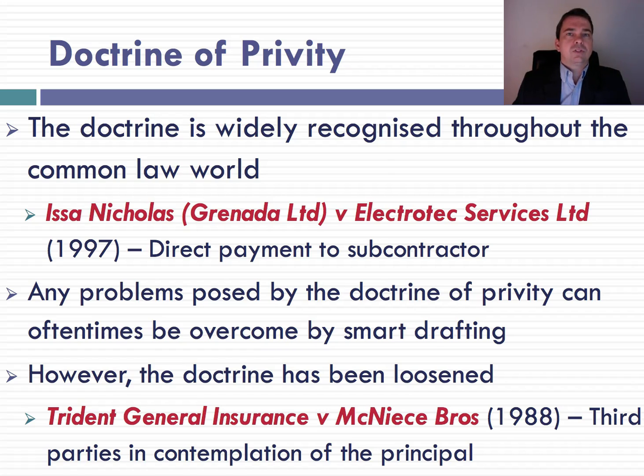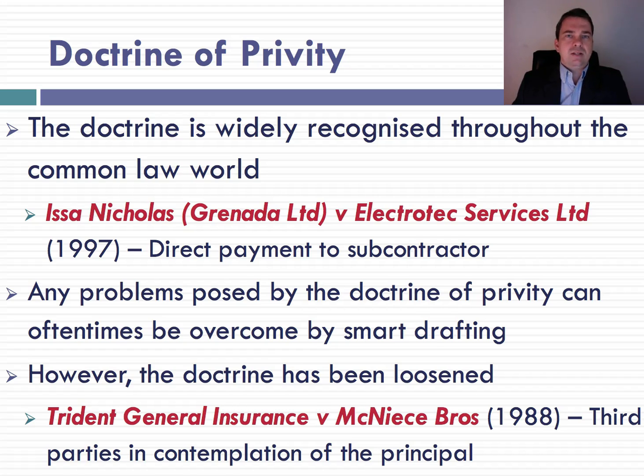However, here the courts loosened the rule to allow the subcontractor to claim from the insurance company. And the argument made by the courts was that this third party, this subcontractor, was in the contemplation of the parties at the time of concluding their agreement.